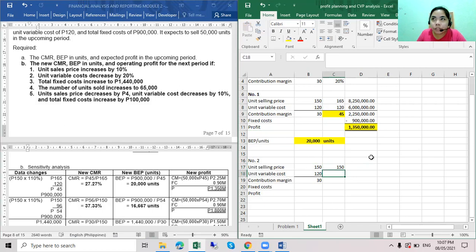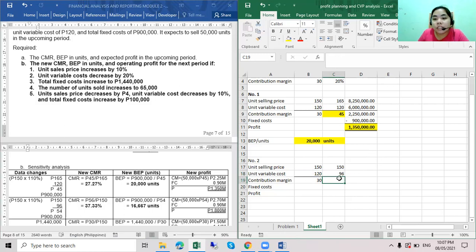Ma-decrease siya by 20% class ha. So from 120, buhinan ta siya ba 20% nga decrease, so that will become 80%. So 80% of 120. So your new unit variable cost is 96.